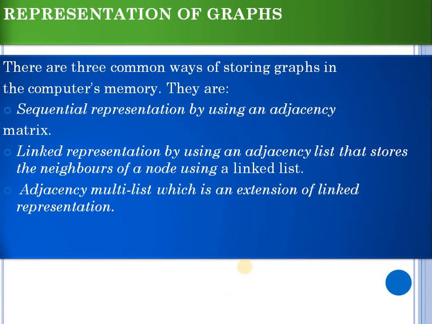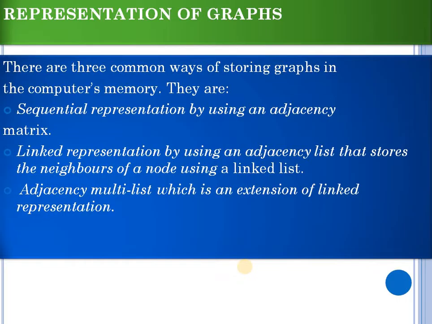Now next is representation of the graph. There are 3 common ways to represent or store a graph in computer memory. The first is sequential representation by using the adjacency matrix. Next is linked representation by using an adjacency list, which stores the neighbors of a node using a linked list.